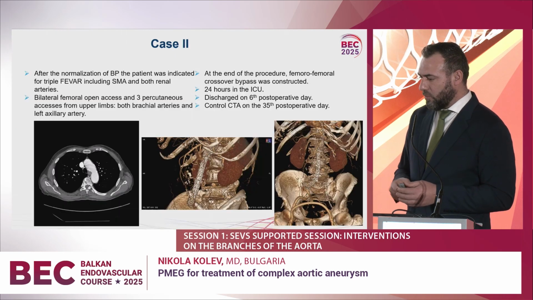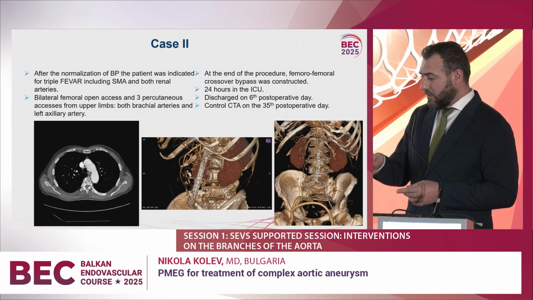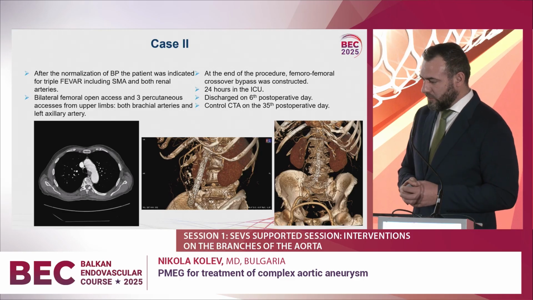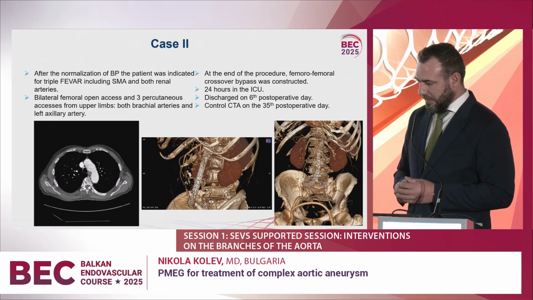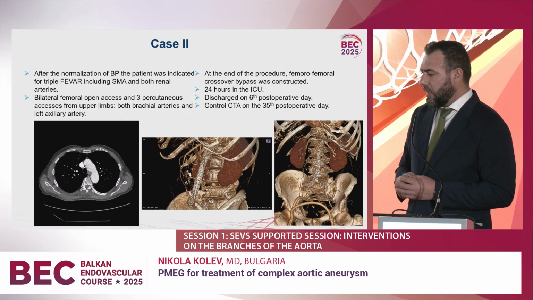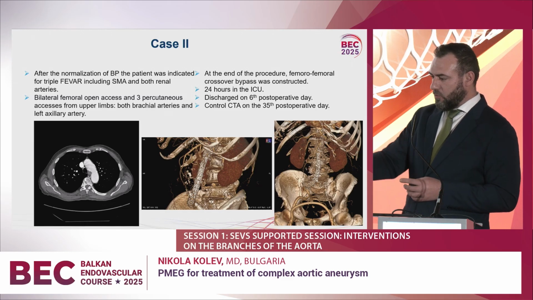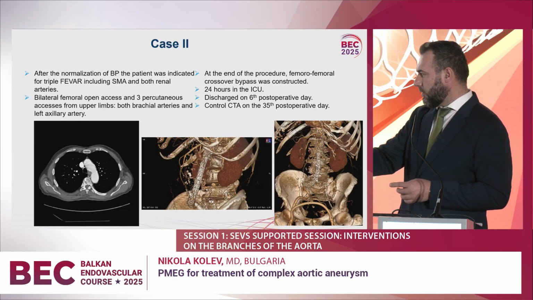We did also triple fenestration, but due to the chronic thrombosis of the left iliac axis, we did aorto-uniiliac reconstruction. You can see that we did it with bifurcated graft.